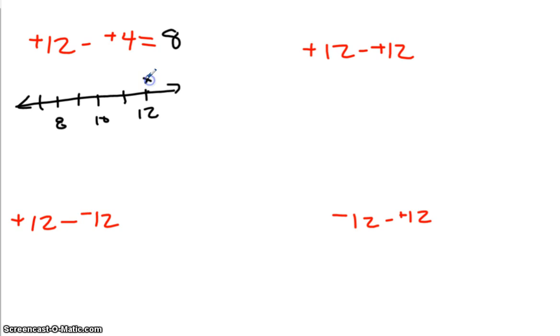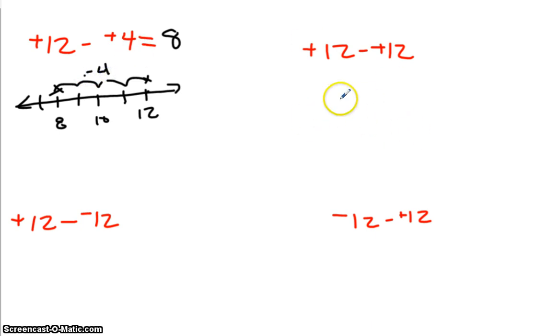So I start here and I go to the left 4 places. I would wind up at 8. So this would be the subtraction of 4, that would be minus 4.